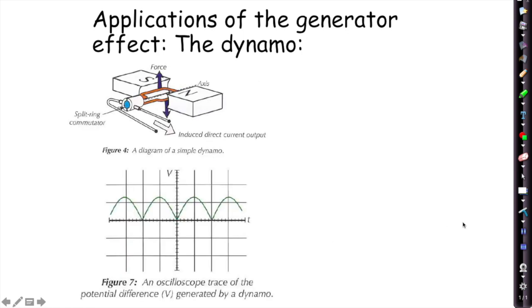So it produces DC current. And when we see that, we would see just the positive side of the alternating current. Now, when we take an average of all those dips, we would see a smooth line going through the average there. So this is an oscilloscope trace of the potential difference generated by a dynamo.